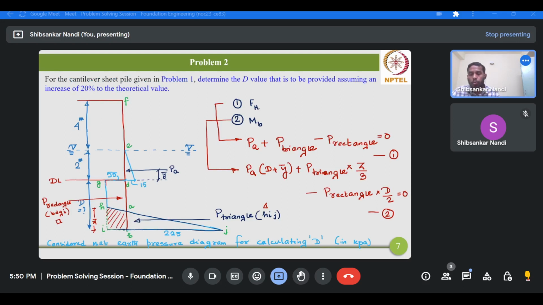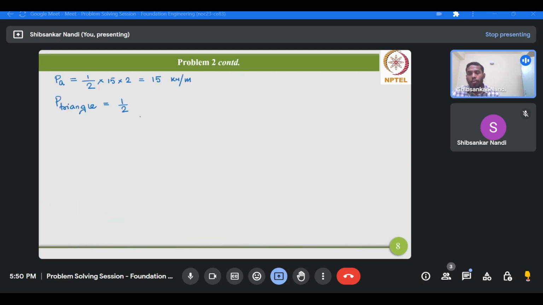The base value is 225 plus 55 and the height is Z. Okay, we have assumed the height of this triangle as Z. So 225 plus 55 multiplied by Z, therefore 140 Z kilonewton per meter. And then P rectangle.